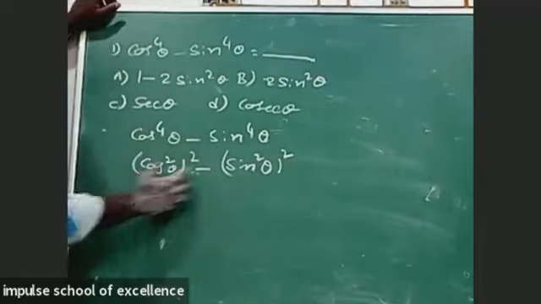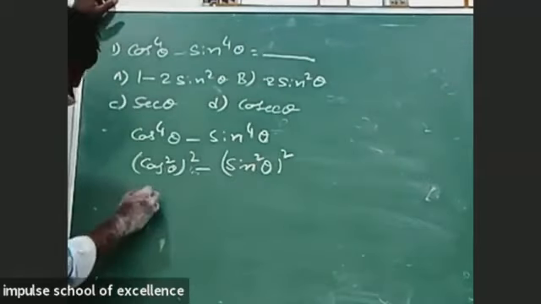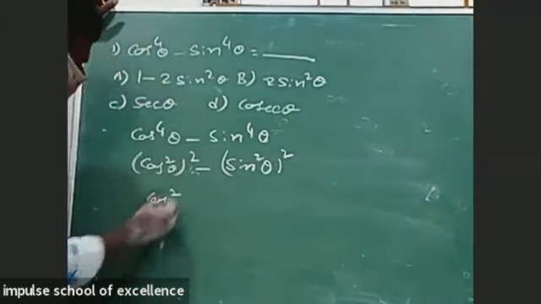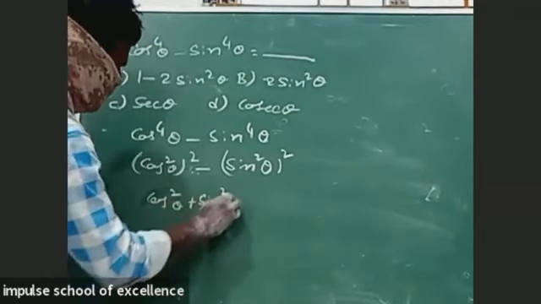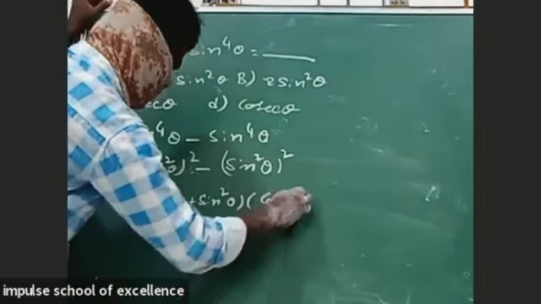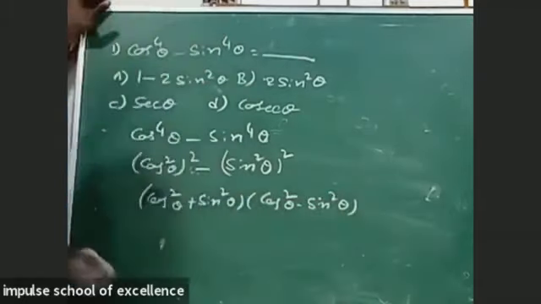So it is like a square minus b square form. A square minus b square is nothing but a plus b into a minus b. So that is cos square theta plus sin square theta into cos square theta minus sin square theta.